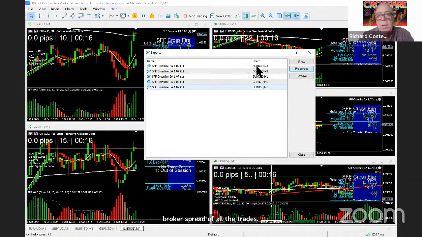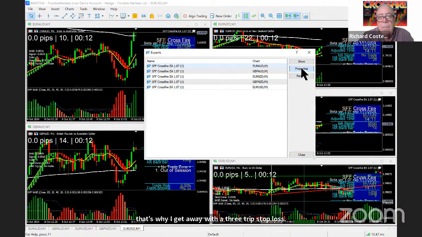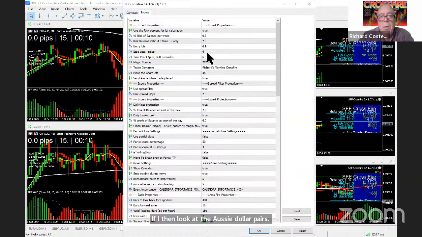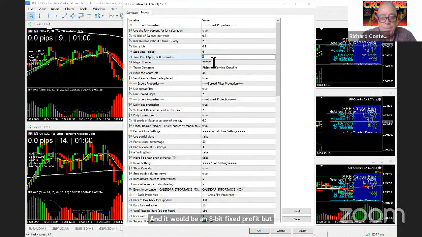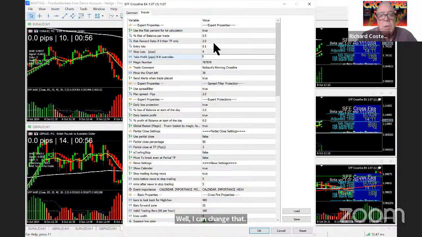If I then look at the Aussie dollar pairs, I go for a 4 pip stop loss, and it would be an 8 pip take profit, but I can change that. It doesn't matter what I type in there, because I'm going for 1 for 2.